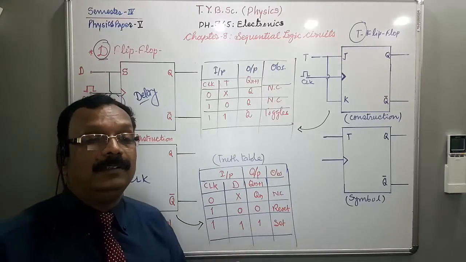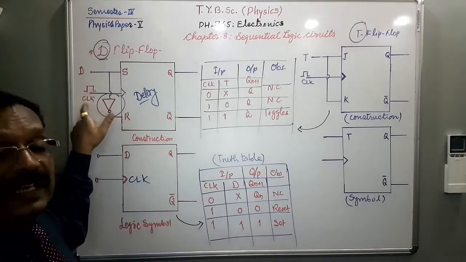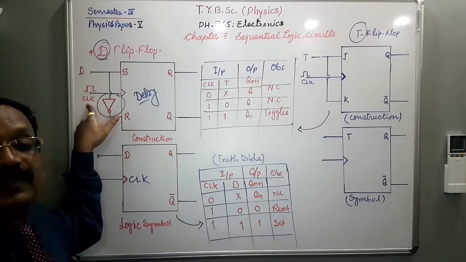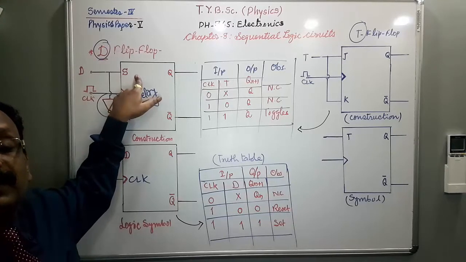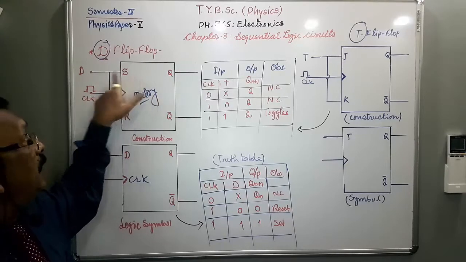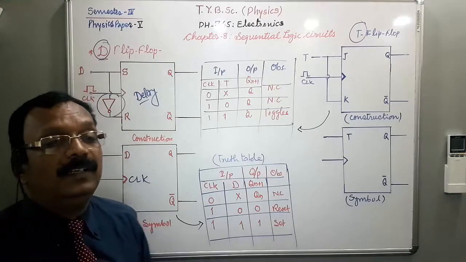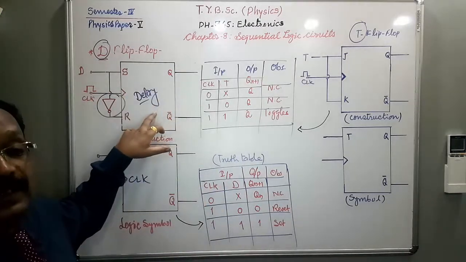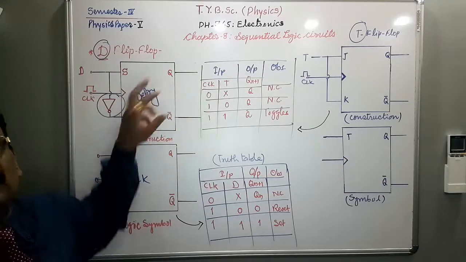But if the flip flop is enabled by a high clock pulse and the D input is 0, at that time S is 0 and R is equal to 1, and the flip flop will reset, making Q equal to 0.